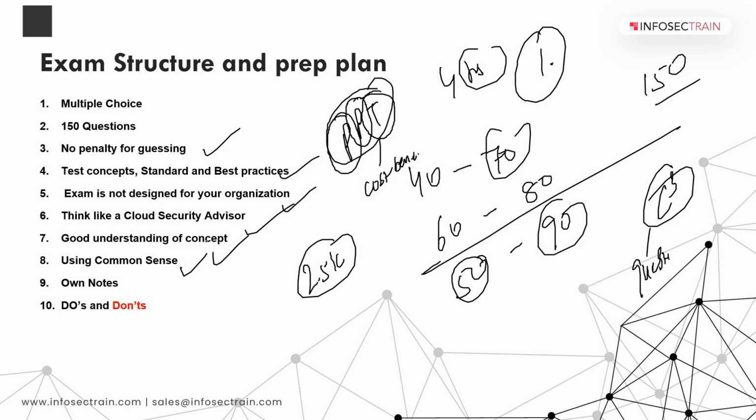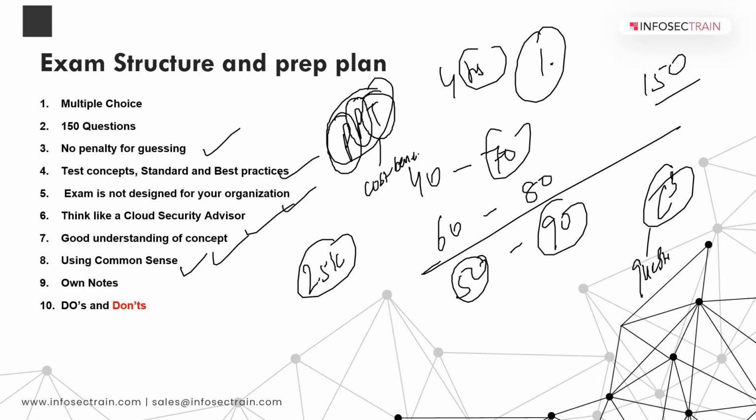You know that the CCSP CBK 4th edition is the most important book you have to follow. When you are reading this book, please follow active reading. Now, what is active reading all about?